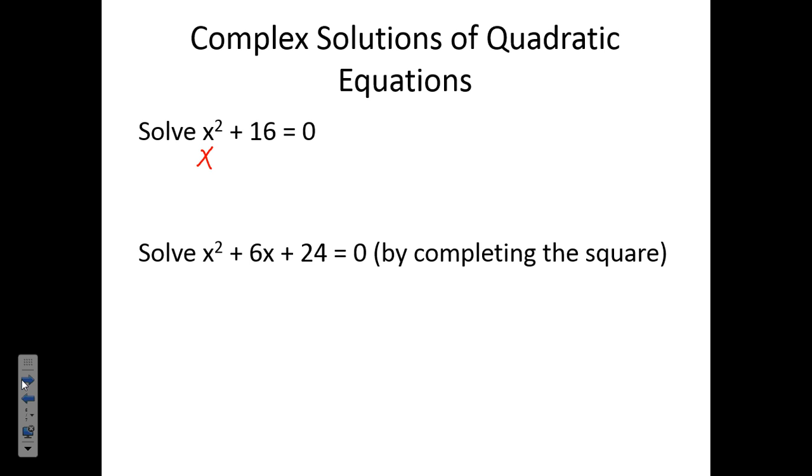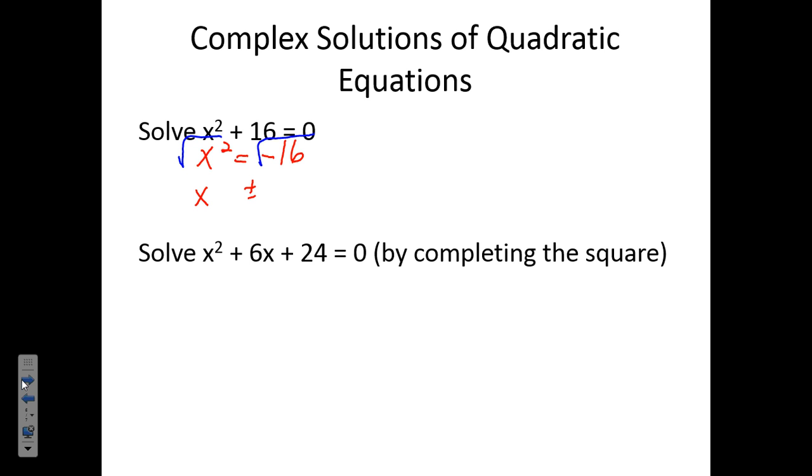That means that x squared will be equal to a negative 16. We bring the 16 to the opposite side. And then when we take the square root of both sides, the square root of x squared is x. The square root of a negative 16 is going to be what?